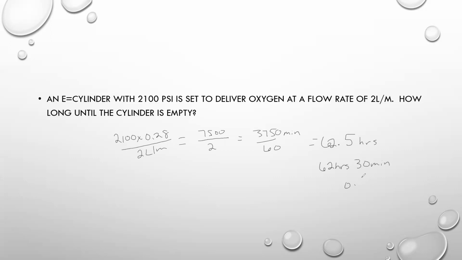Or you can take 0.5 and multiply that by 60, and that equals 30, letting you know how many minutes you have left. Or you can take 3750, do that long division, divide that by 60, and that becomes 62 minus 3720, and you have a remainder of 30 left over. So 62 hours and 30 minutes are left over for that.